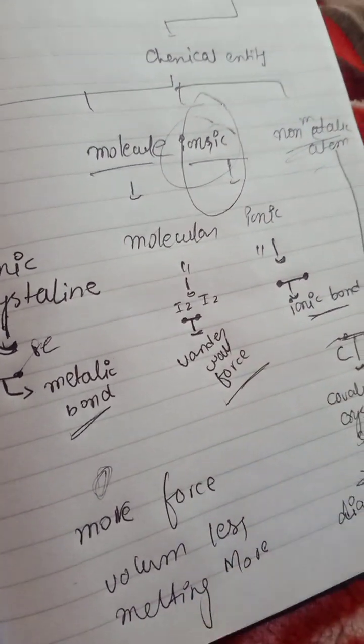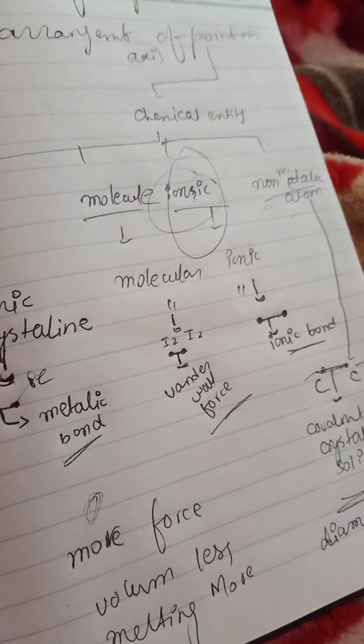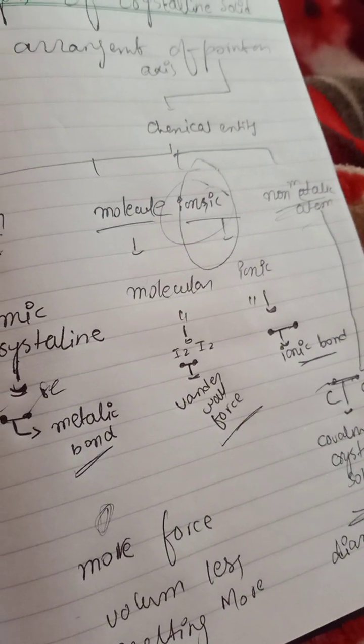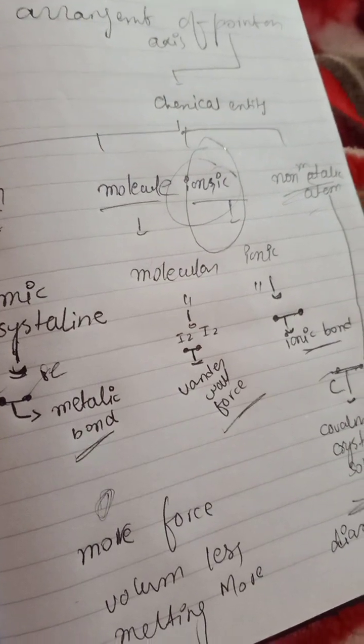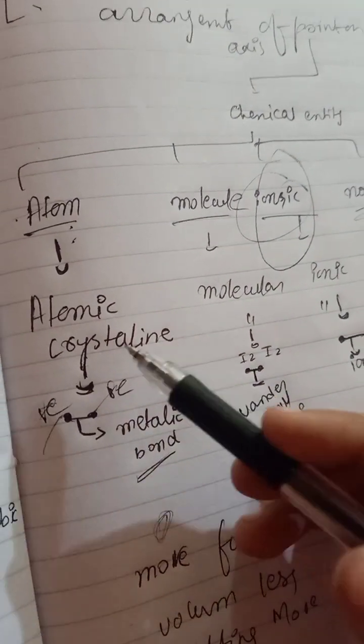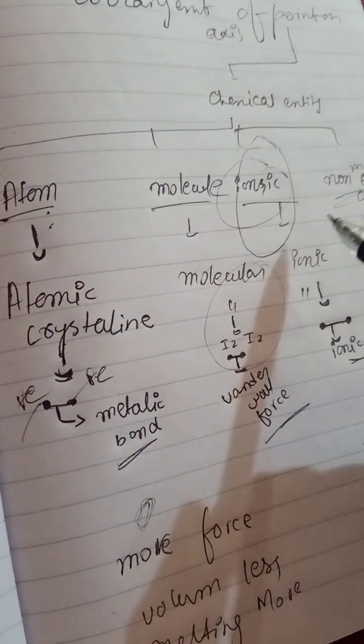Density will be more, but diffusion will be less because they are in the ionic form. The molecular crystal will have more diffusion as compared to this one.